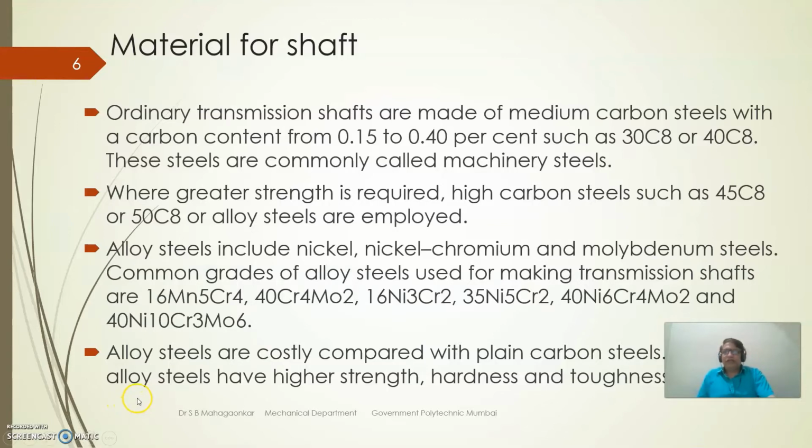In general, we can say that plain carbon steels or medium carbon steels we are using, and a little bit higher than that we can use even 50C8, that is a higher carbon steel, and then we will go for the alloy steels wherever the requirement is more.